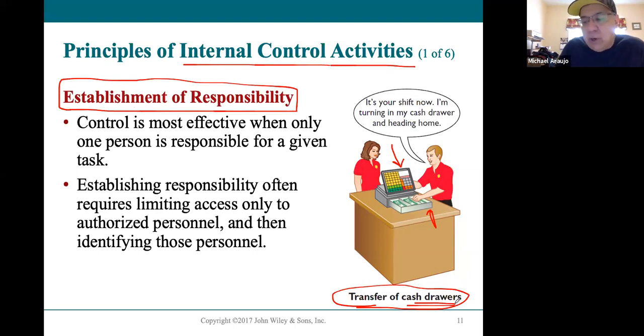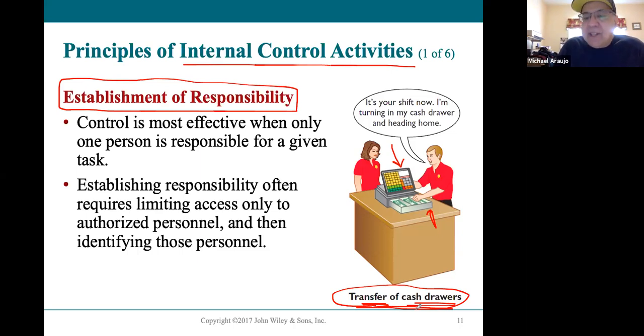They'll already know what amount of cash is in it, because it's already been counted. You're going to be working for 4 to 6 hours on a register, checking people out and collecting cash. That's going to show on your register tape how much cash you should be collecting. At the end of the day, you're going to count that drawer with someone else to make sure it's accurate.